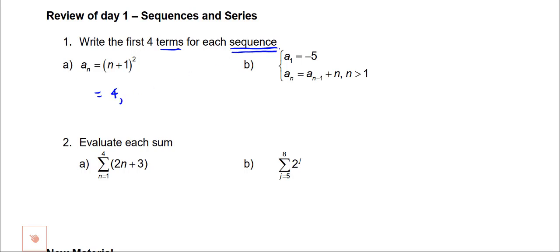If it was a series, then I would add them. Words are important. Let's get those straight. Plug in 2 squared 9. Plug in 3 squared 16. Plug in 4 squared 25. Okay? You do the other 3.